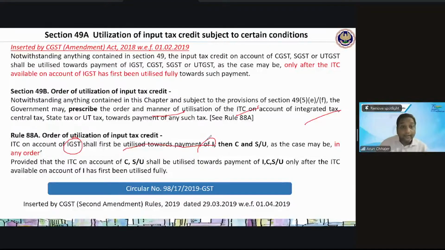See, now what is the order being prescribed? They are very, very limited. They are saying ITC of IGST shall be utilized first toward the I only.